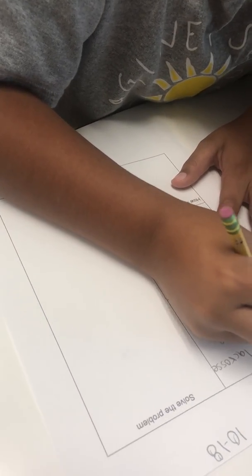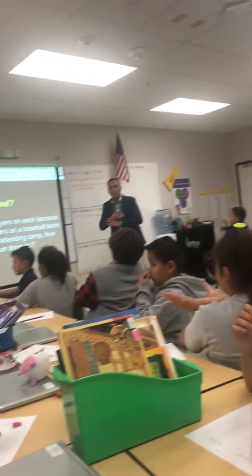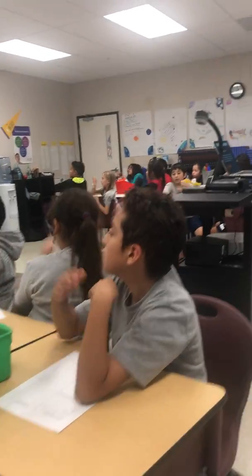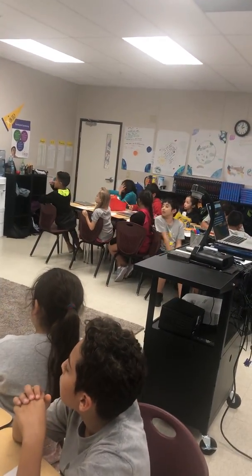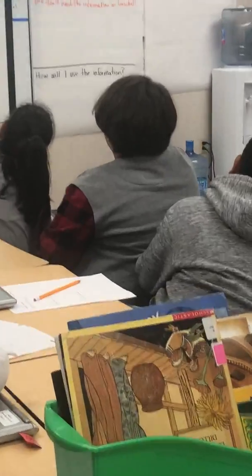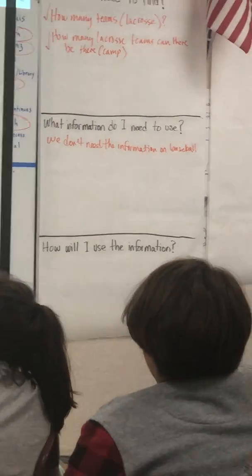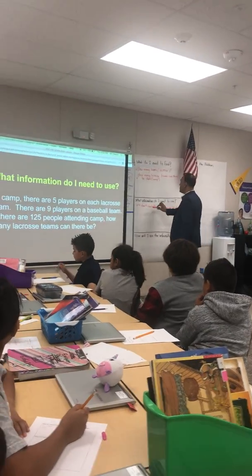If you can hear me say partial quotient. Partial quotient. Using multiplication to solve division problems. Okay, so now the next question is, what information do I need to use? Now, I loved how Layla and her team discussed what information they don't need to use, right? So we already know that we don't need to use the information on baseball.